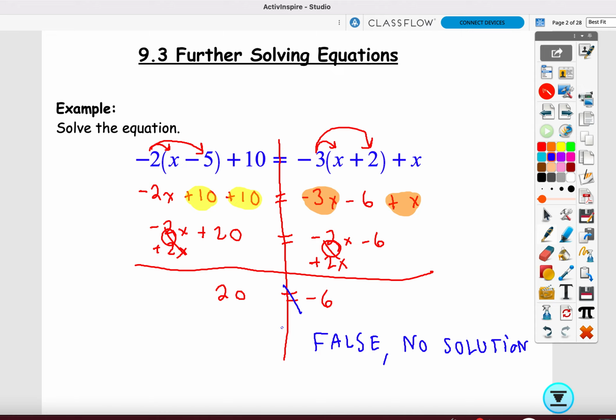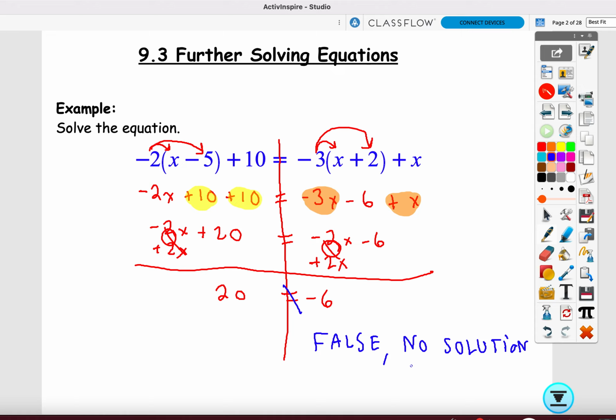We did the problem solving steps that we know to do, but we got a false statement, which means it's no solution. So what does that mean moving forward in this class or in mathematics? It means that whenever you solve an equation, you want to be very careful of your steps, because one mistake and you get a false statement, you're going to put no solution.